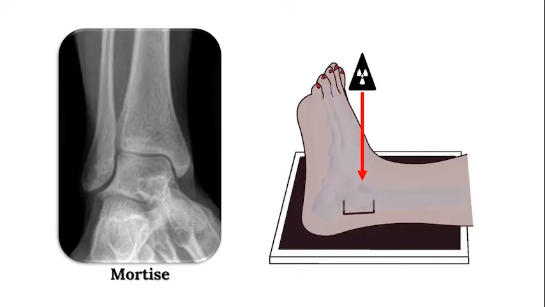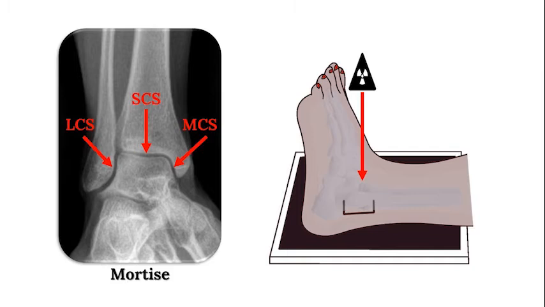The mortise view is obtained by internally rotating the ankle approximately 10 to 15 degrees. This view allows us to assess the symmetry of the medial clear space in relation to the superior and lateral clear spaces, and is very important in determining lateral translation of the talus.